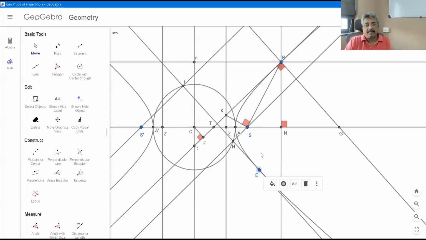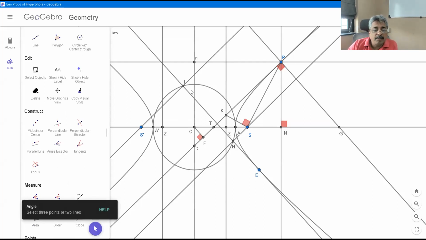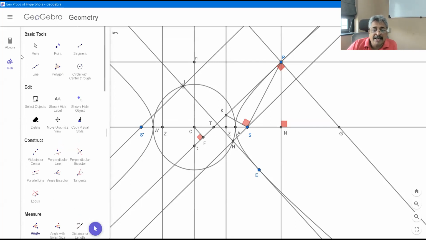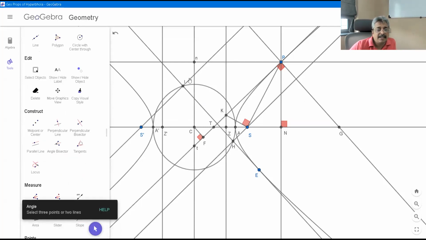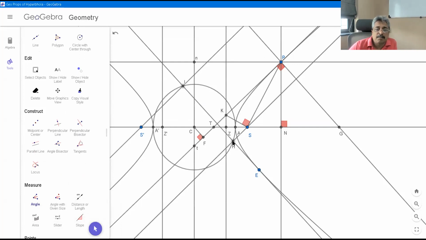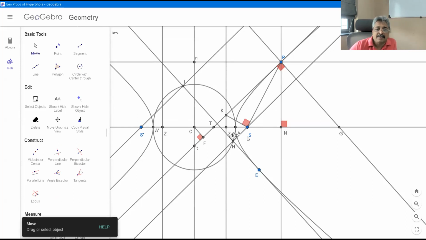Okay, in this diagram, there is a hyperbola and point E is moving on the hyperbola. Then tangent at E is drawn, which is HI. And H is a foot of perpendicular from focus S on that tangent, and I is foot of perpendicular from S dash on the same tangent.